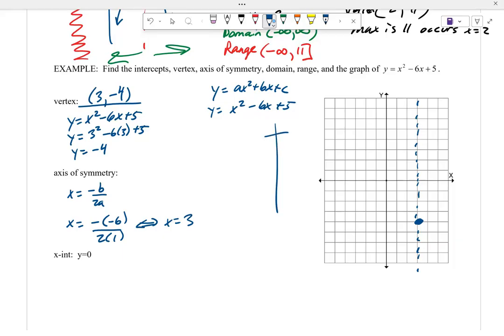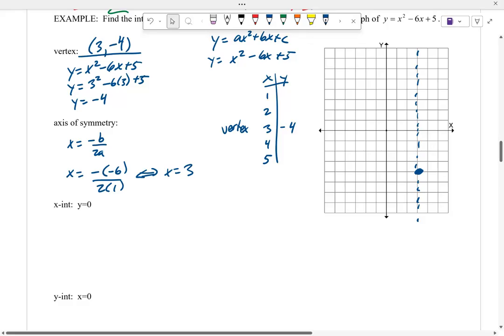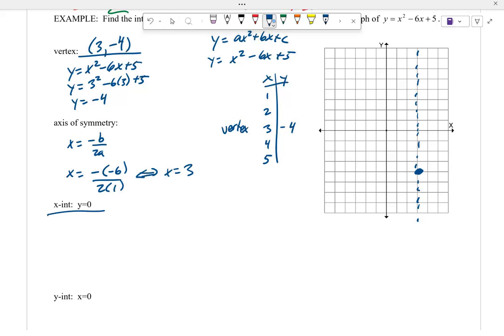Now, once I have my vertex, I like to just go to the left a couple and to the right a couple. That's kind of my preference. But we'll go ahead and jump into our x-intercept and y-intercept. We just want to have a couple other points here to give us some shape to this quadratic. So let's find our x-intercept by letting y be 0.